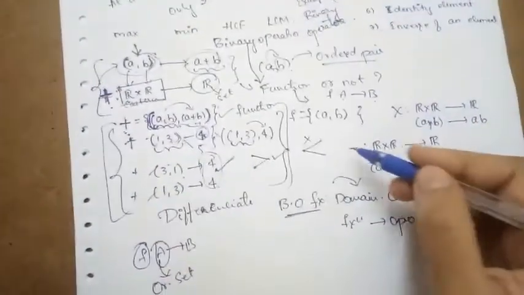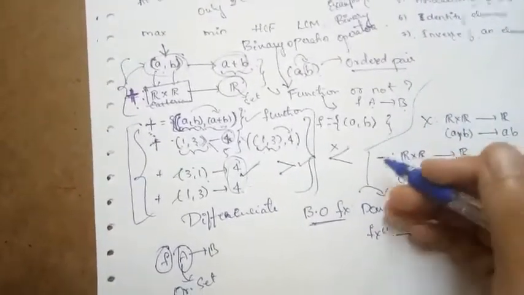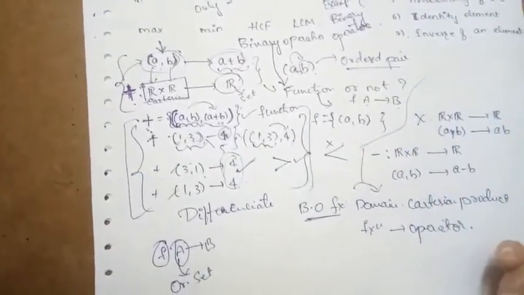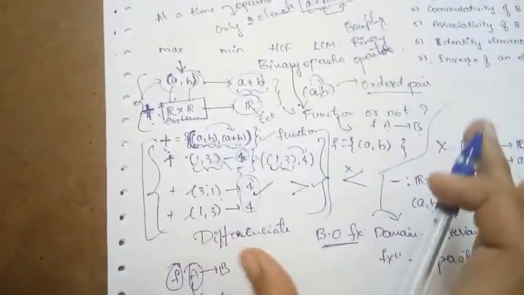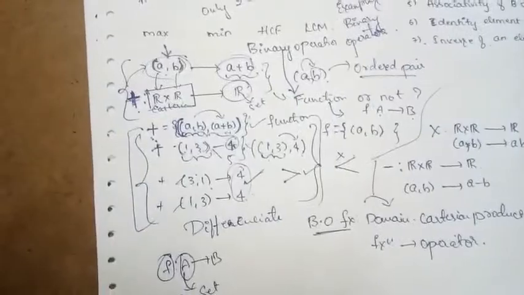So this is how I generalized it; we can write it in the same way for multiplication as well as for subtraction. This is the introduction regarding the binary operation.